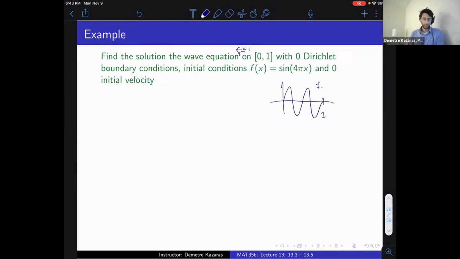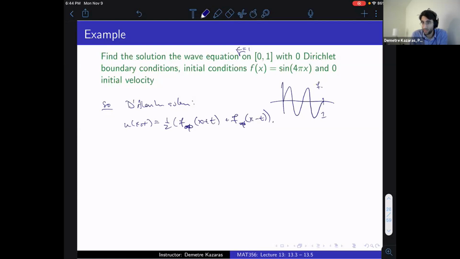Okay, well, what did we just find from D'Alembert's solution? We just found that the solution u of x, t, the displacement of the string at point x and time t, is going to be equal to 1/2 of the odd periodic extension of f at x plus t plus the odd periodic extension of f at x minus t.